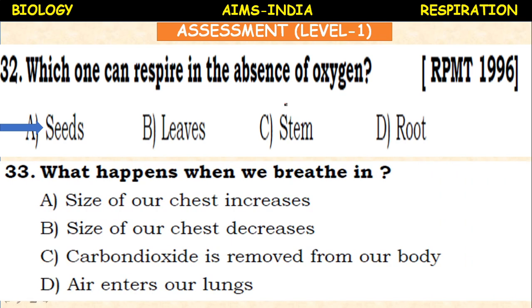What happens when we breathe in? When we breathe in, the size of our chest cavity increases, and also air enters our lungs. These kinds of questions are called multi-correct answers. Carries 4 marks. Means 2 options you have to select.